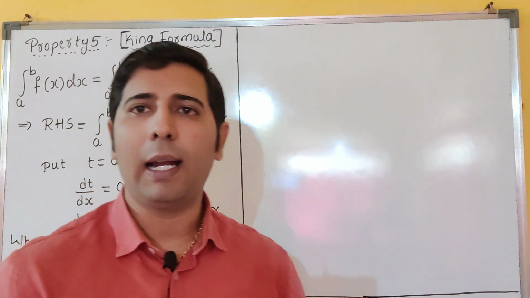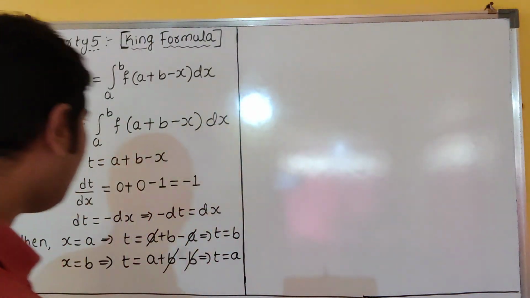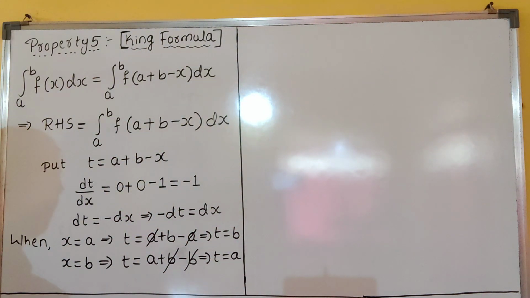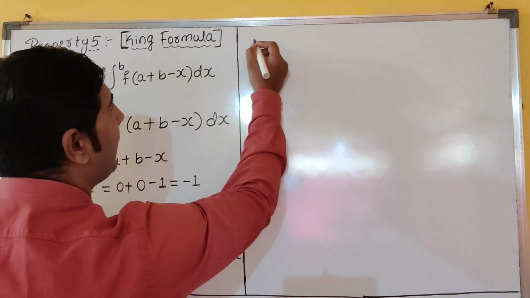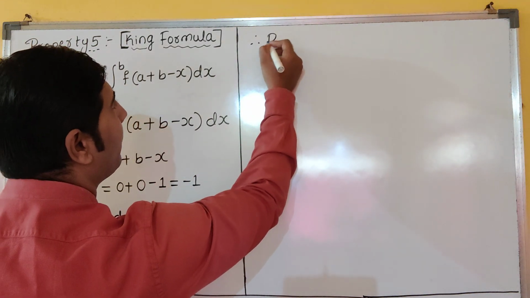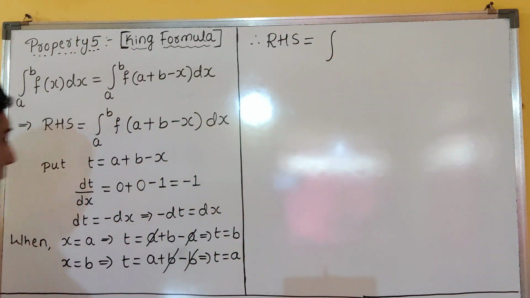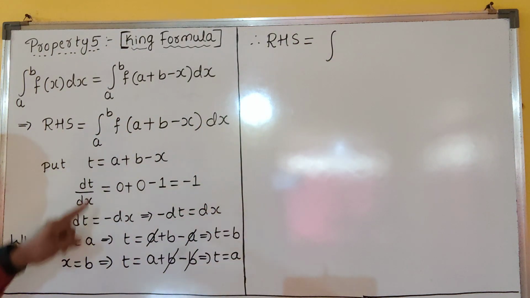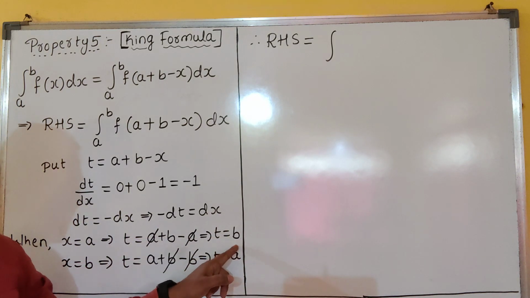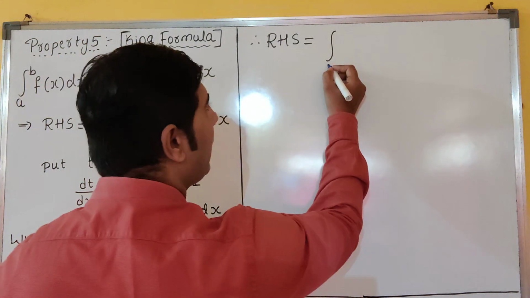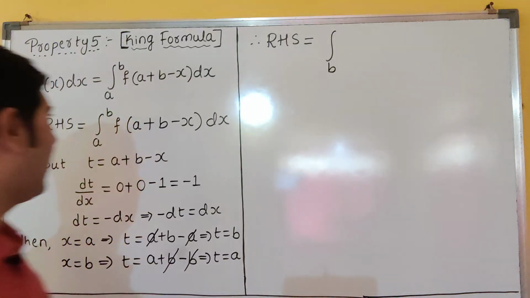Clear everyone? Understood? So now RHS what it will become we will see. We will substitute the values in RHS. So therefore RHS is equal to, now try to understand. Lower limit x is equal to a has become b. So lower limit a has become b here. Correct?